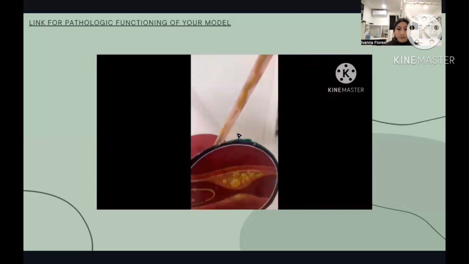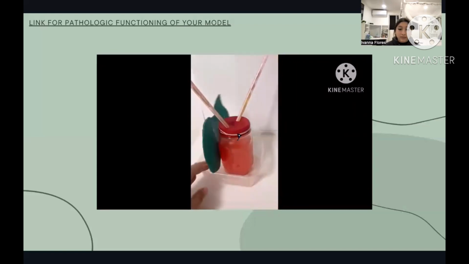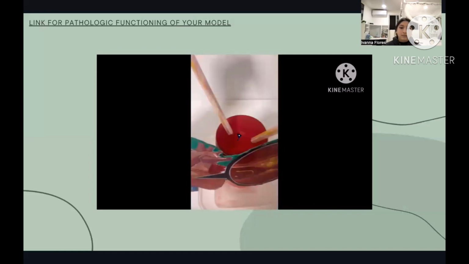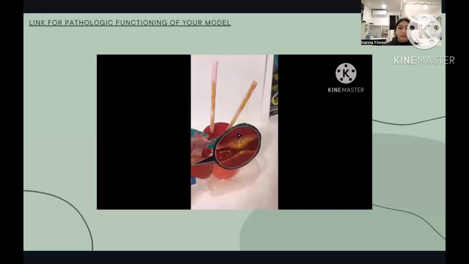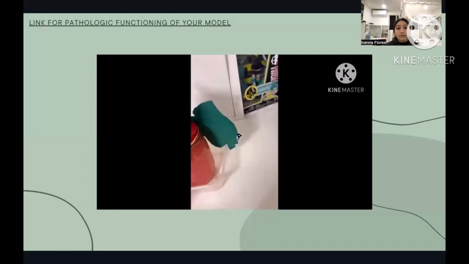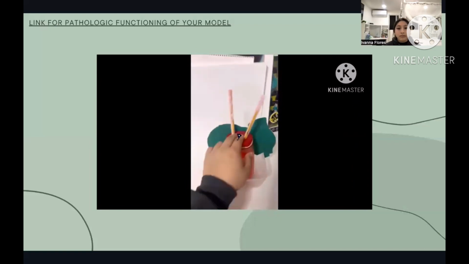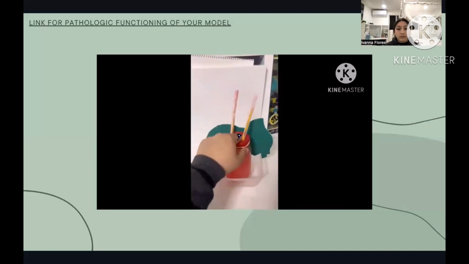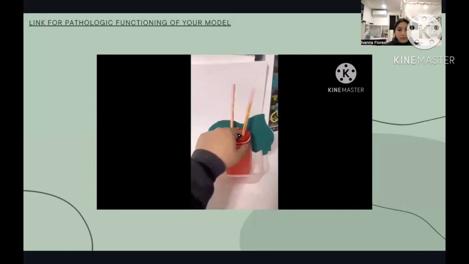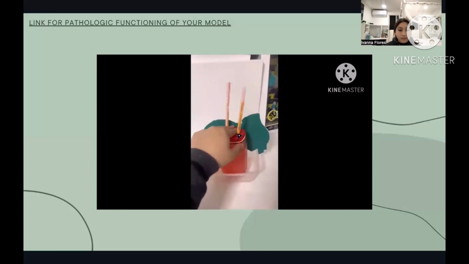I used the same mason jar and balloon. I put some little Play-Doh inside the straws so it can be the cholesterol buildup. So now if I push it, comparing it to the other one, it's hard for it to push the liquid more.